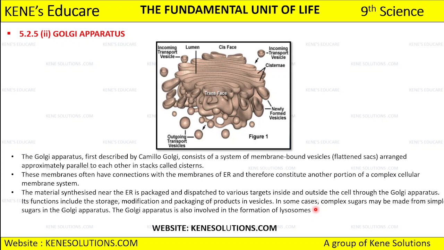So Golgi apparatus can convert that simple sugar into a complex sugar as well. Okay, so Golgi apparatus is also involved in the formation of what? It is involved in the formation of lysosomes.